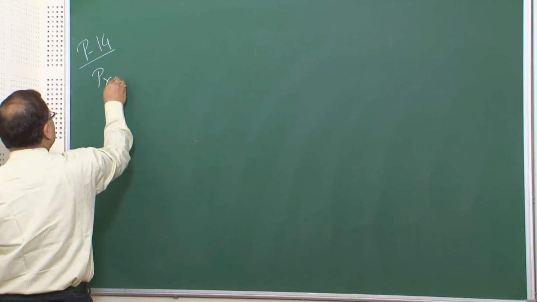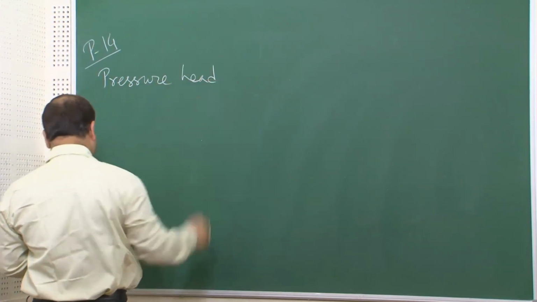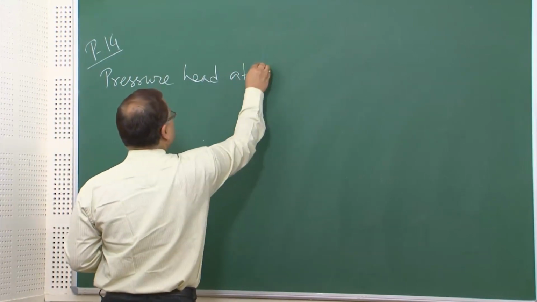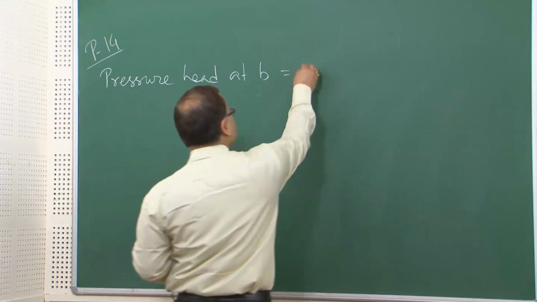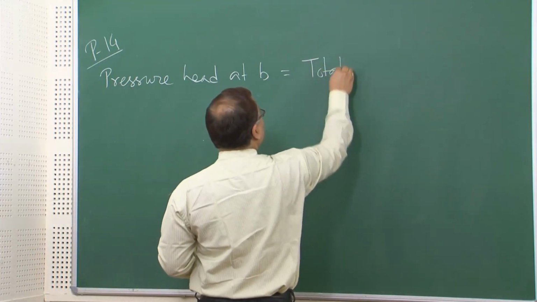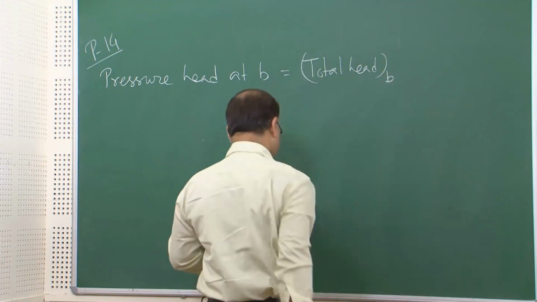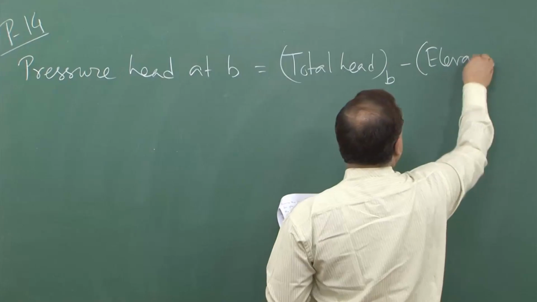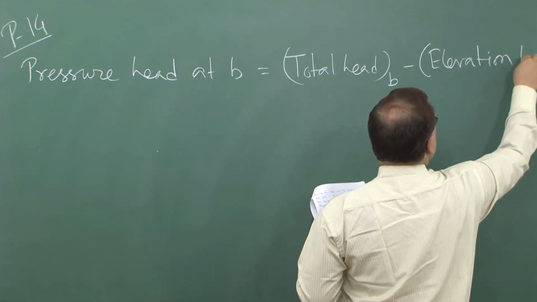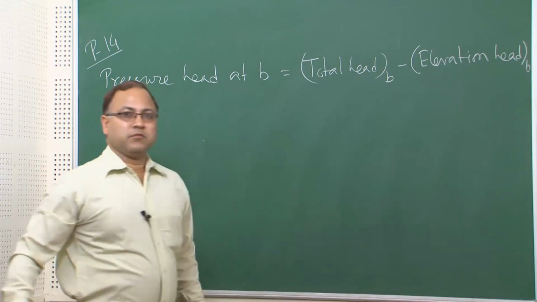Therefore, pressure head at B is equal to how much? The total head at point B minus the elevation head at point B. Very simple, right.